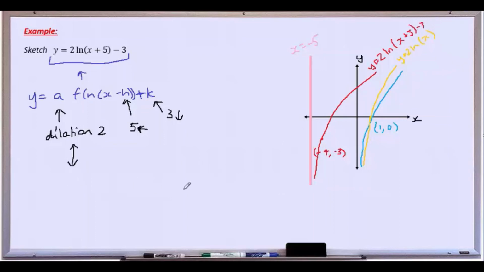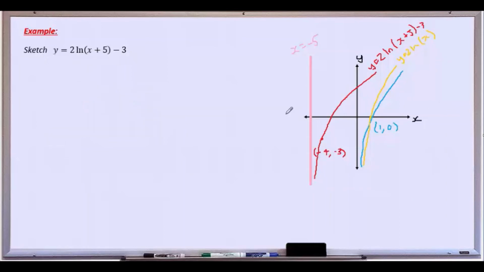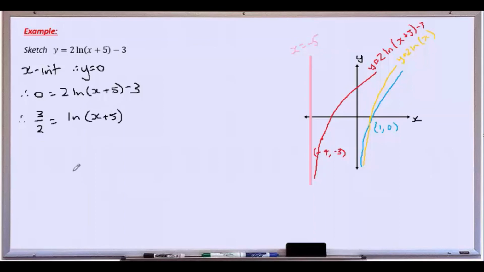And now I need to work out my intercepts. Now my x-intercept is where y equals 0, of course. Therefore, 0 equals 2 log x plus 5 minus 3. Therefore, 3 over 2 equals log of x plus 5. Now, to get out of my log, I need to exponential.